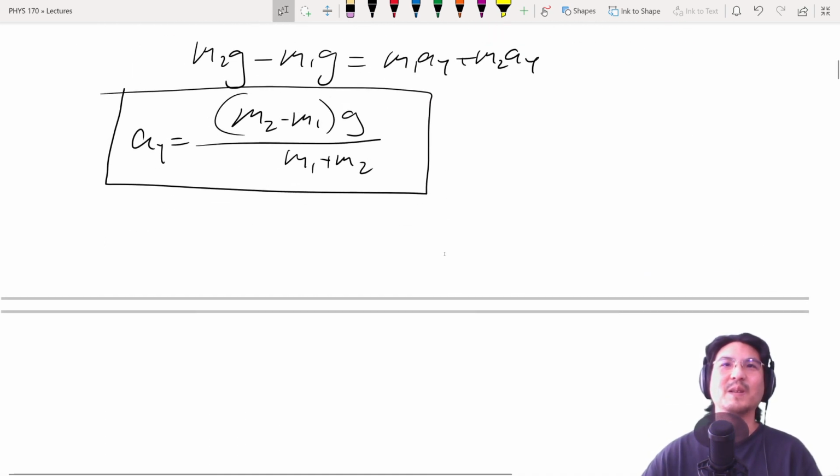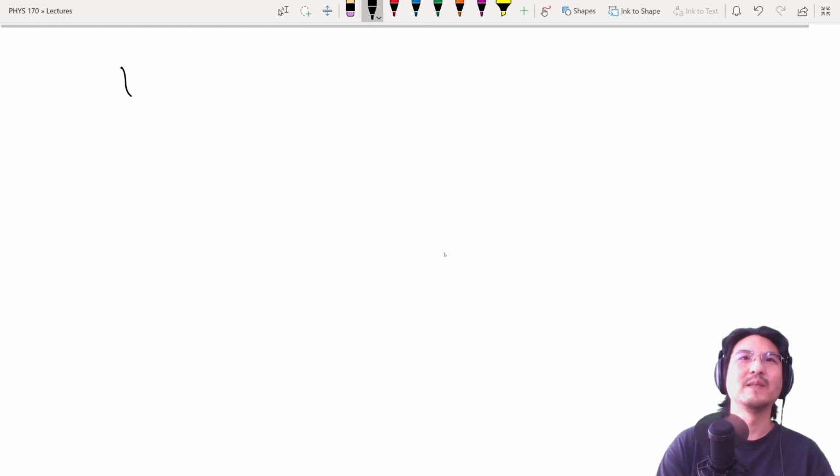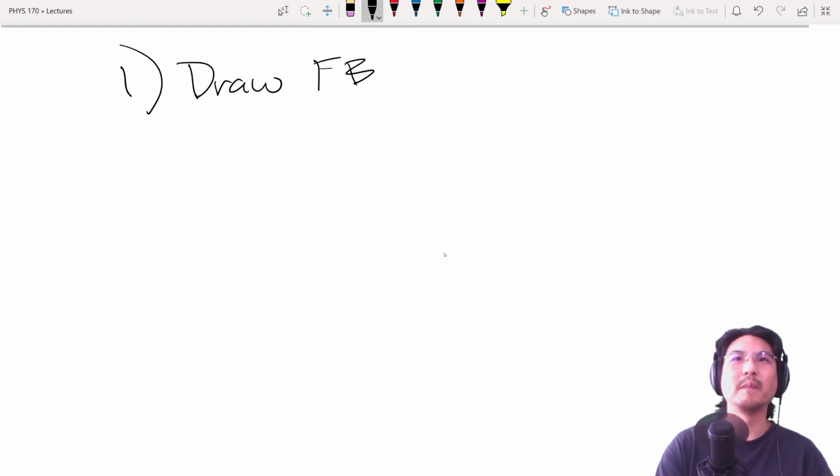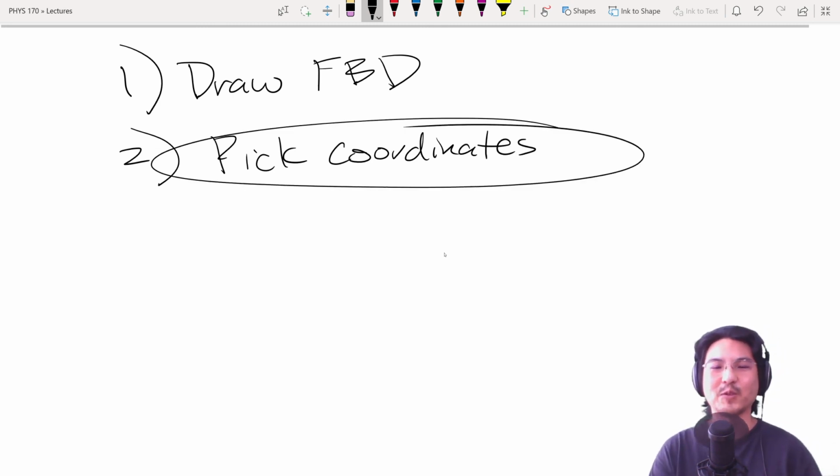Okay, so just remember the steps. That's what's important, right? The steps. So step 1, draw the free body diagram. Step 2, pick coordinates. And do it in this order, right? Don't decide on your coordinates and then draw the picture.